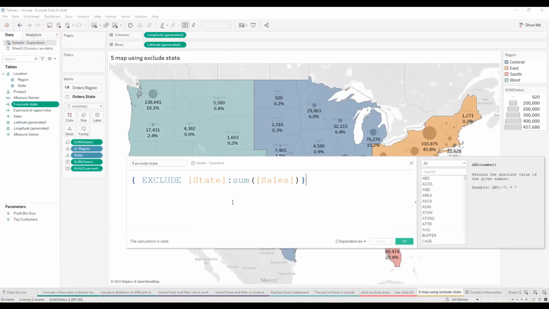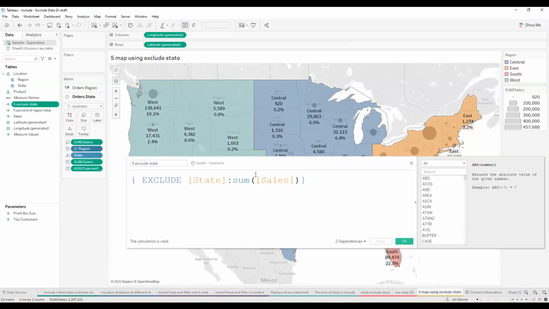I say if we don't consider the state dimension and we go to the next higher level in the view above state, which would in our case be region, okay, exclude the state, don't include the state, just exclude it, and sum the sales at the next higher level, which is going to be the region level.